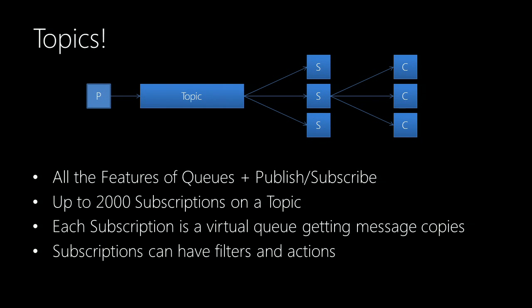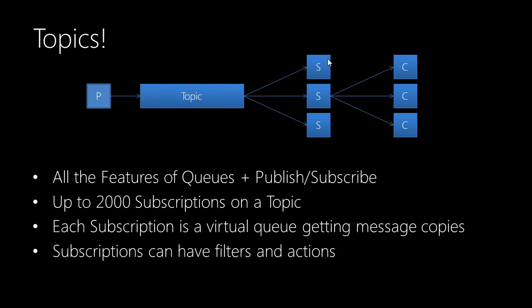So queuing is good. All the things you can do with the queue, you can also do with topics, but with more power. So you have a publisher, you have a topic, you have a subscription. On that subscription, you can have competing consumers as you can have on a queue.